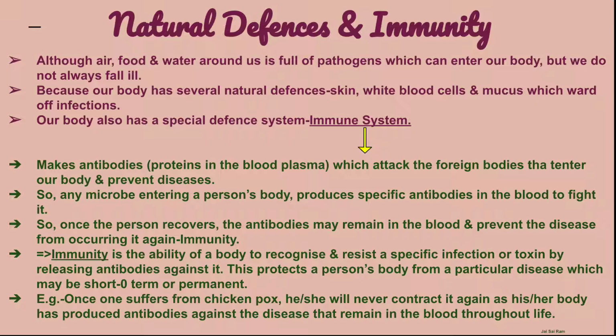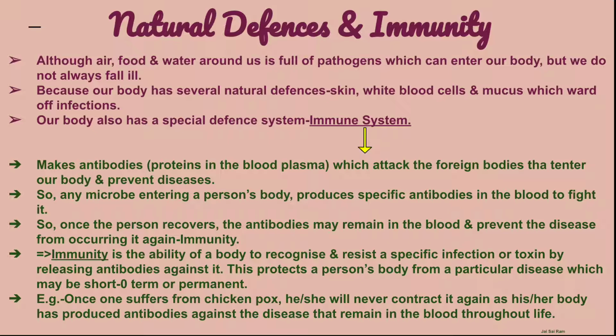Immunity is the ability of the body to recognize and resist a specific infection or toxin by releasing antibodies against it. By this ability, it recognizes the infection and resists it, or any toxin, by releasing the antibodies against it.